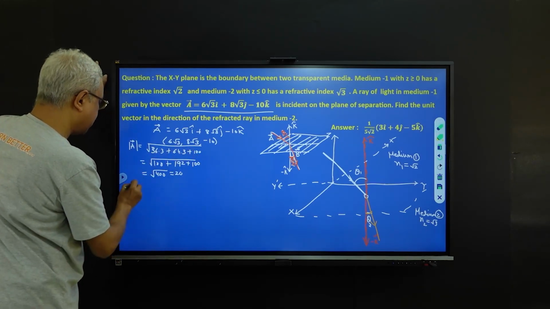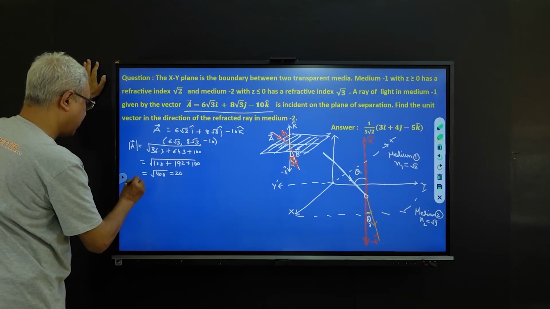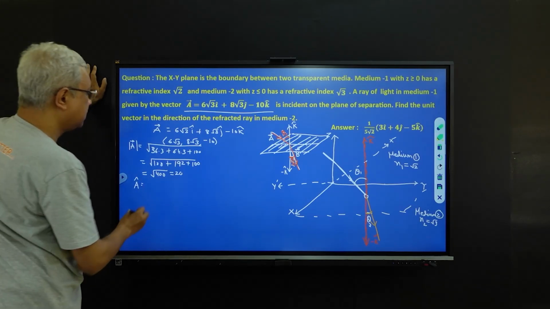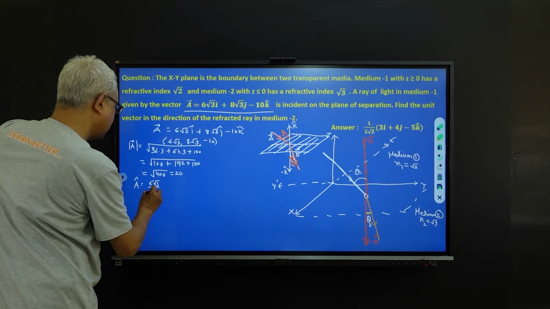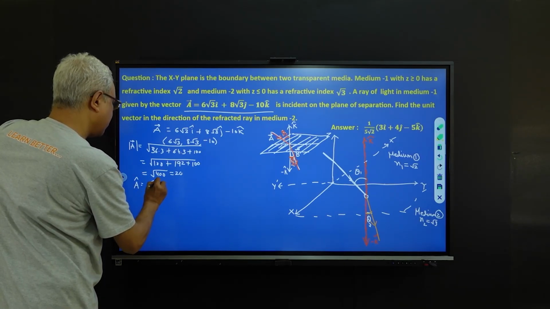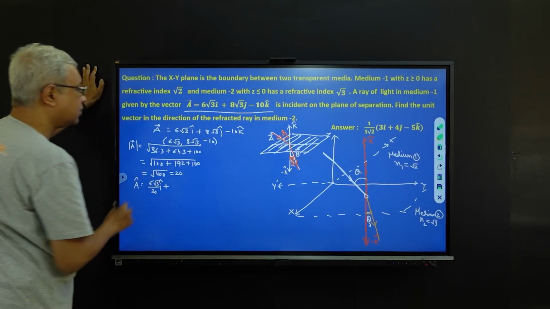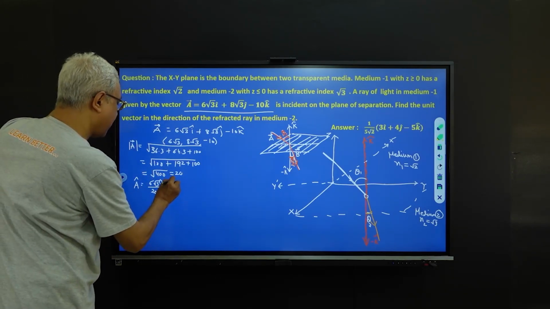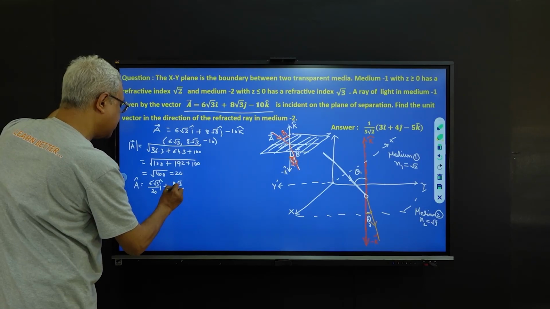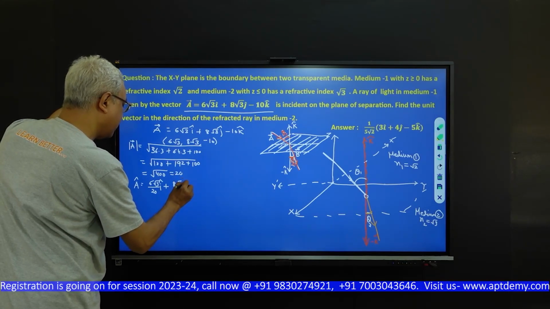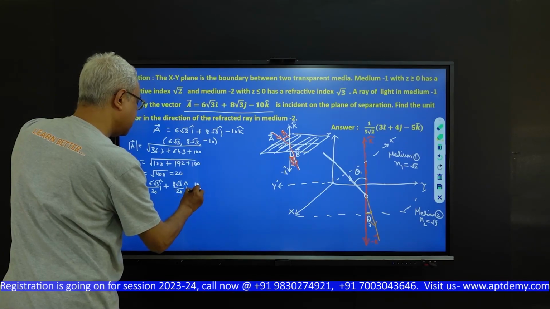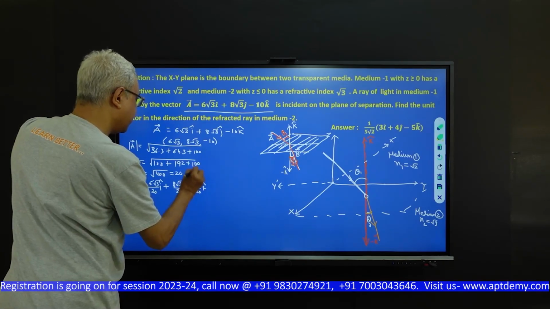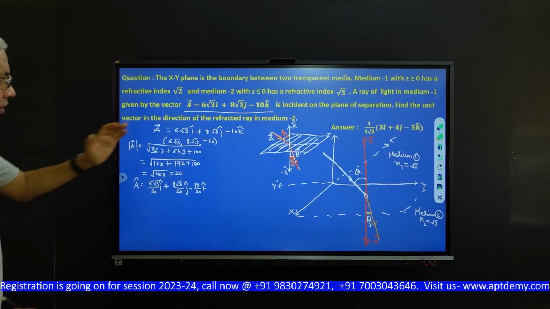So the unit vector along A, A cap, is actually 6 root 3 by 20 i cap plus 8 root 3 by 20 j cap minus 10 by 20 k cap. As simple as that.